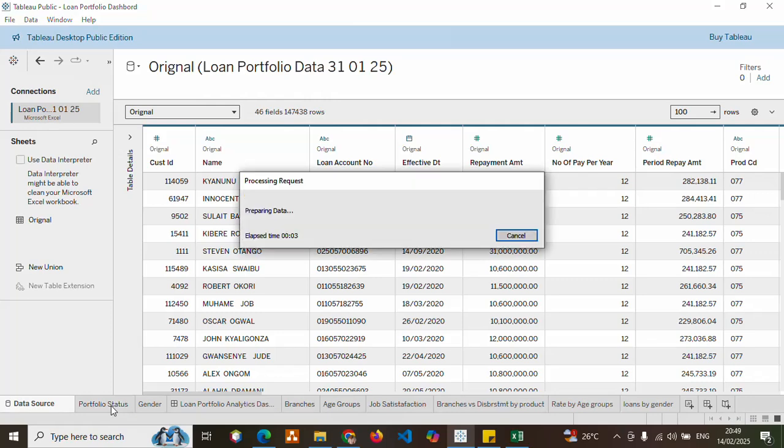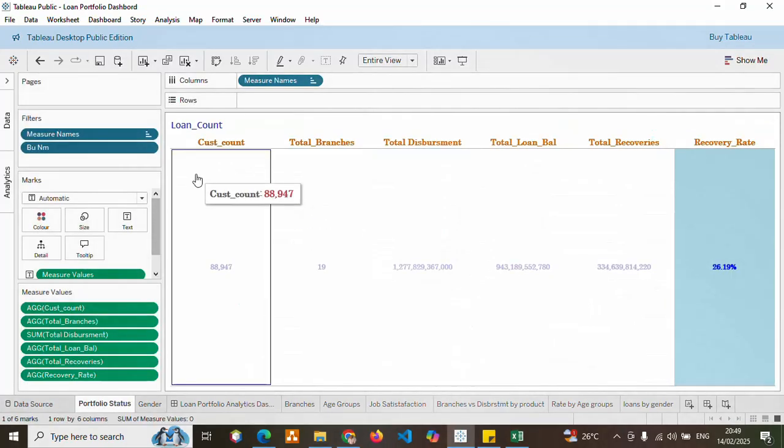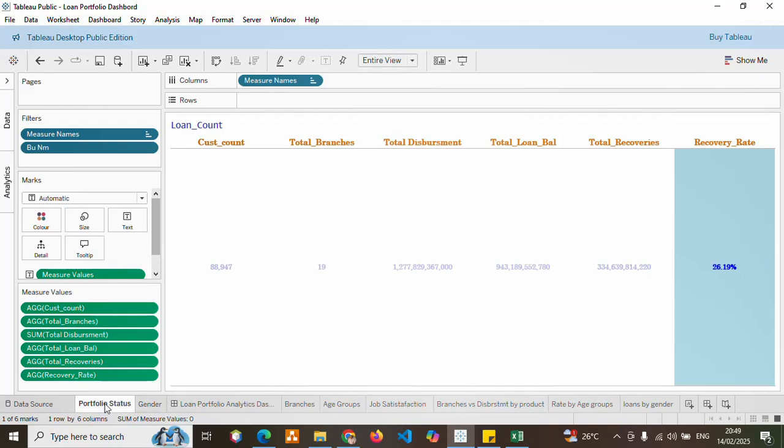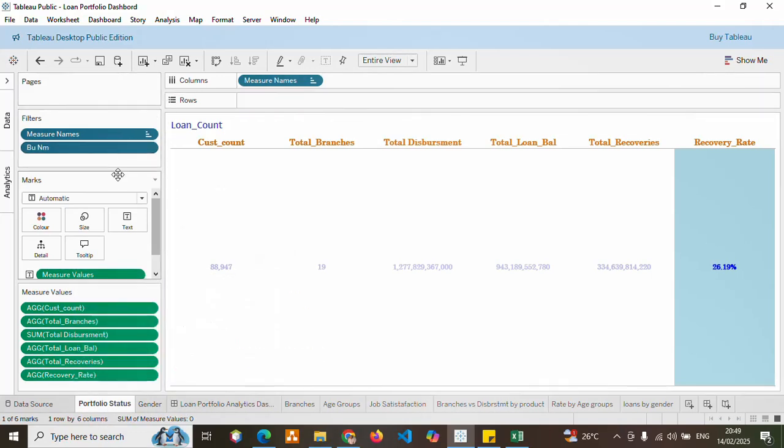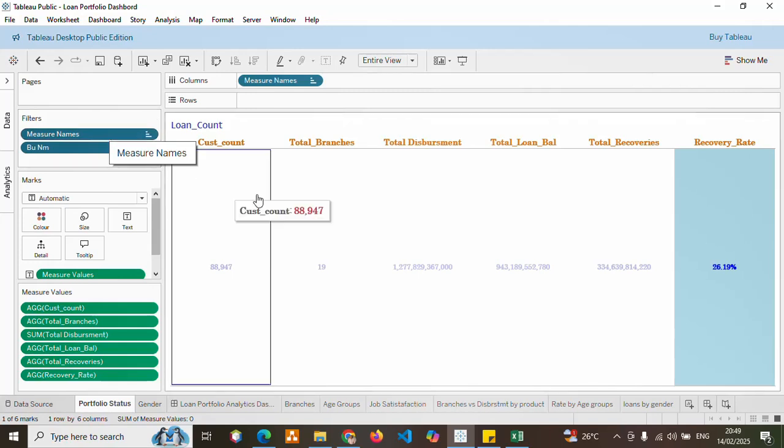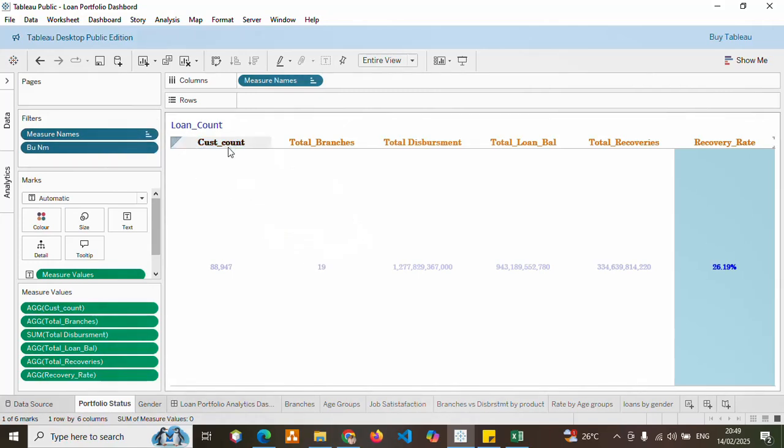Now, after getting this data, before starting designing our dashboard, I first came up with the portfolio status, which is designed from here by creating different formulas and calling these columns from the tables of Excel that we imported into Tableau.